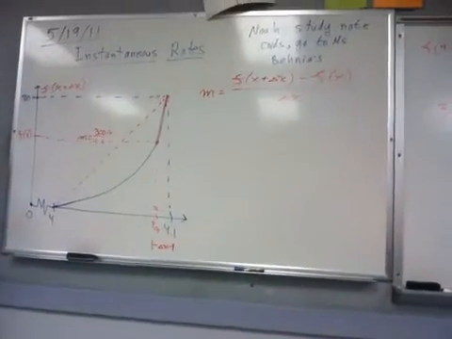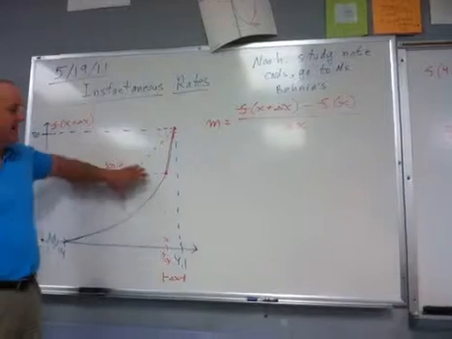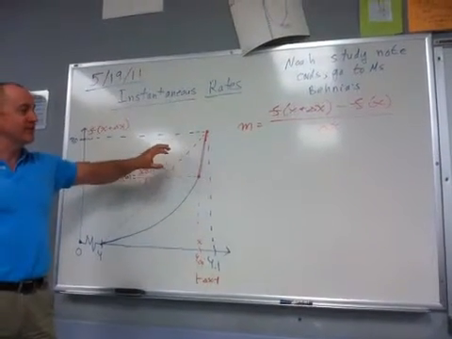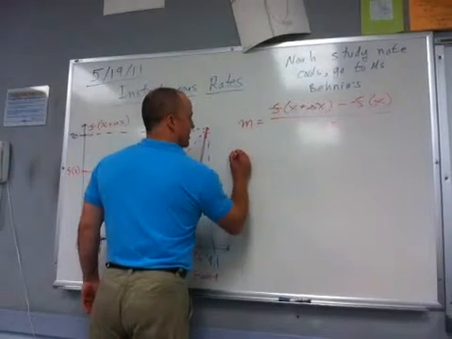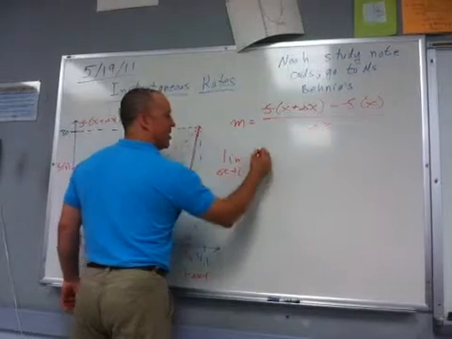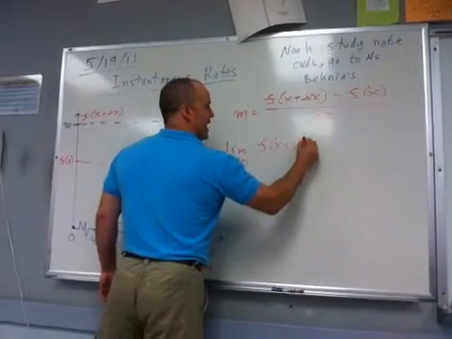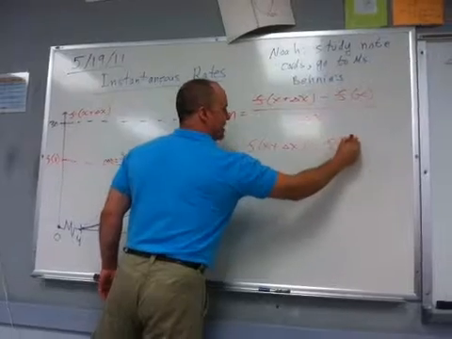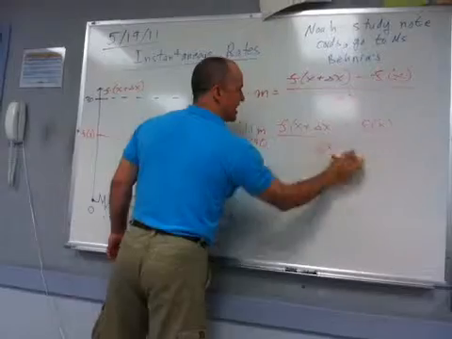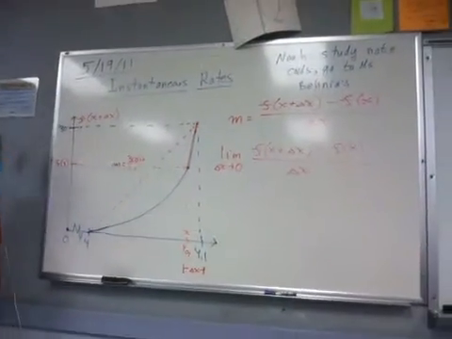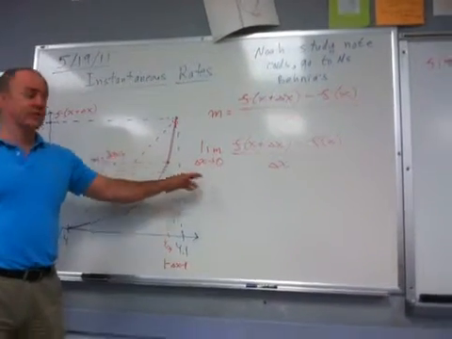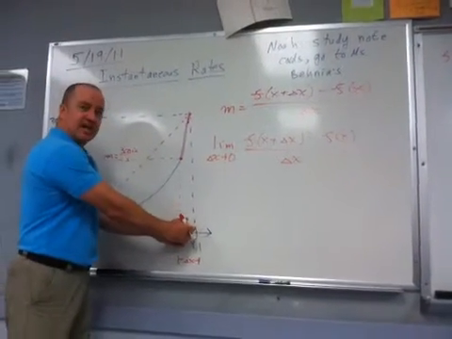What we were actually doing, by finding smaller and smaller average velocities, was finding the limit as delta x got very, very small of f of x plus delta x minus f of x, y2 minus y1, over delta x, x2 minus x1. We were finding the limit for this. We were shrinking the distance between these time intervals.